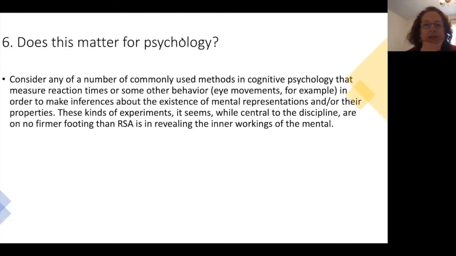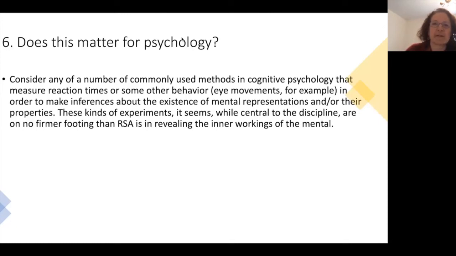So what I want to do is think about other methods in cognitive psychology that usually rely on some simple behavioral measures like reaction times or eye movements, which have really formed the cornerstone of psychology, cognitive psychology, for quite a long time, and ask whether those things fare better on these kinds of criteria. And it seems to me that these things in general don't fare a lot better.